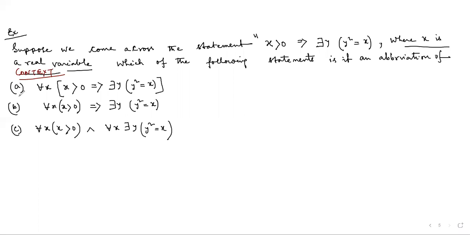Can anyone say which of these statements will be correct, A, B, or C? Because I don't have much time, if anybody is thinking anything, they can write in the chat box.